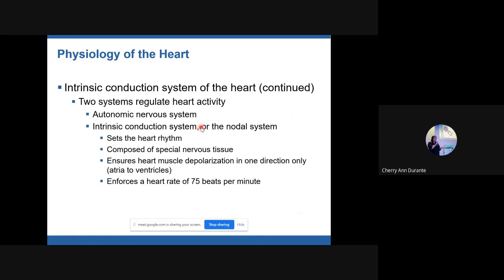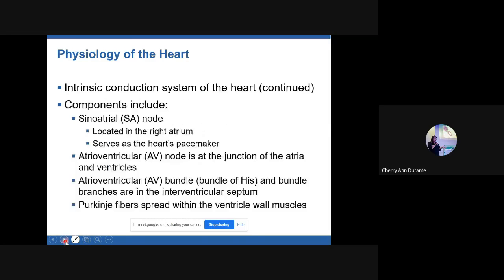So let's trace that pathway of depolarization. So sabi natin, it begins high up in your right atrium, which is your sinoatrial node, SA node, and it will go to the internodal pathways papunta sa AV node, known as your atrioventricular node, which is found in the junction. Then it will go to your AV bundle, also known as the bundle of His.